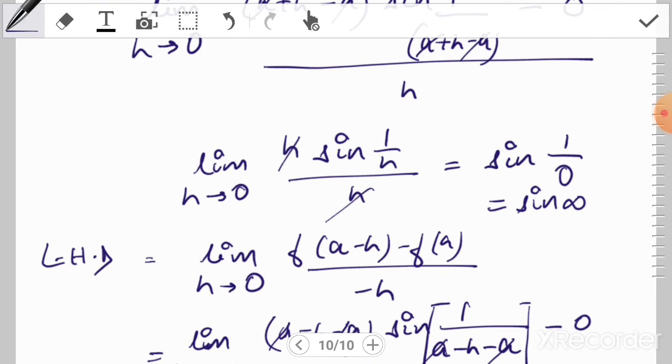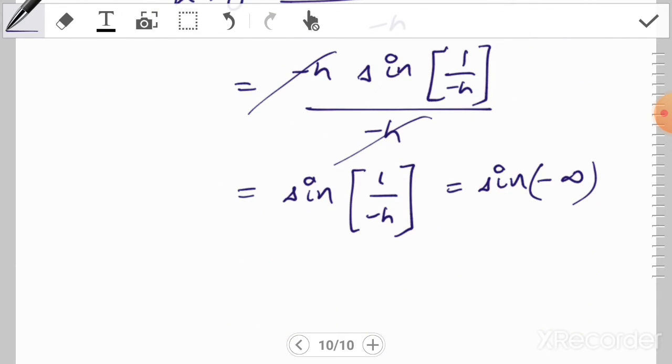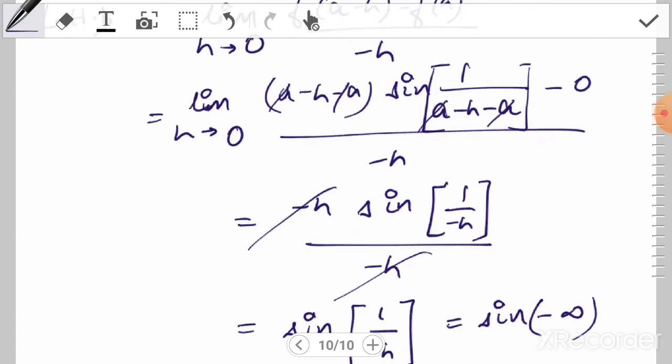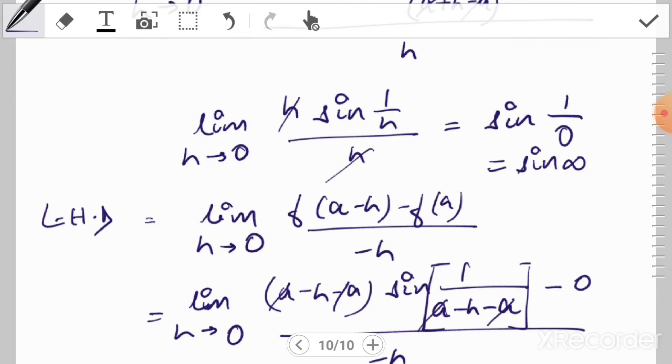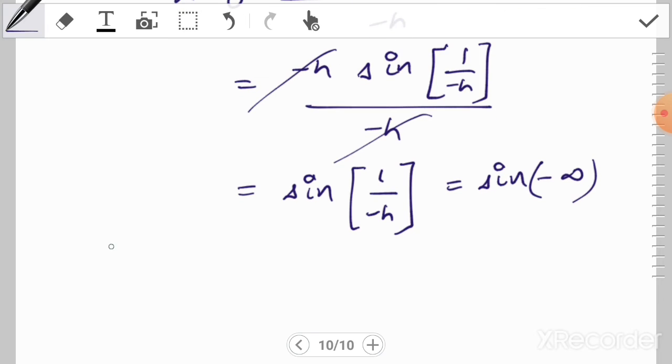Okay, obviously sine infinite is a finite value between minus 1 and plus 1, and even the sine of minus infinite is a finite value, but we can't say that they are equal. So this function is not differentiable at x is equal to a, since left hand differentiability is not equal to right hand differentiability, so not differentiable.